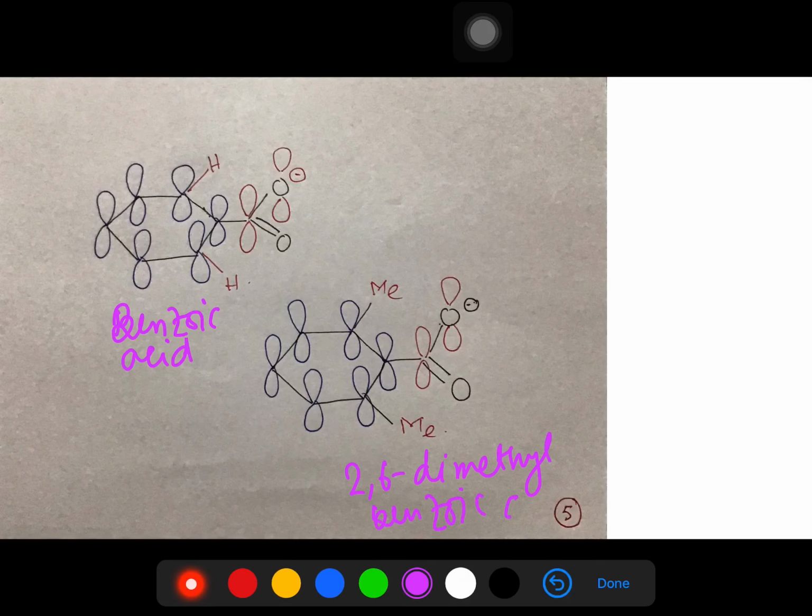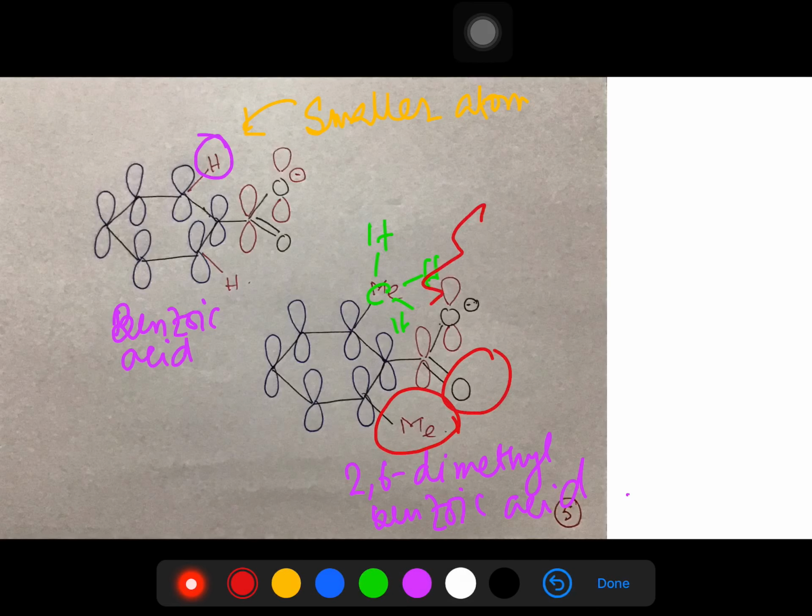In this case there was a hydrogen, a smaller atom. But in this case methyl means this carbon is attached to 3 hydrogens, and consequently what happens? A severe steric repulsion. This and this means a severe steric repulsion.